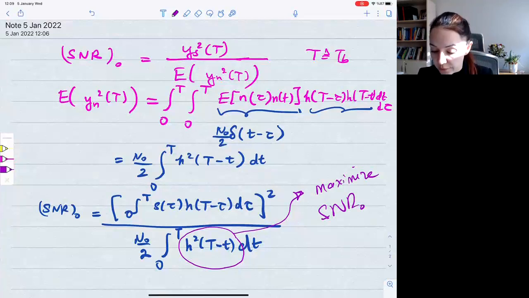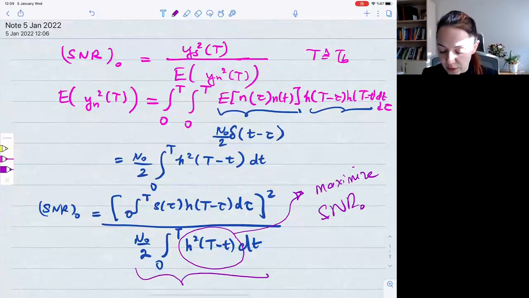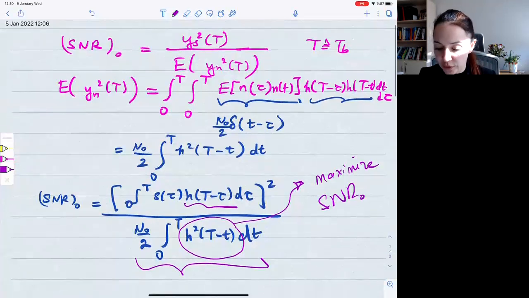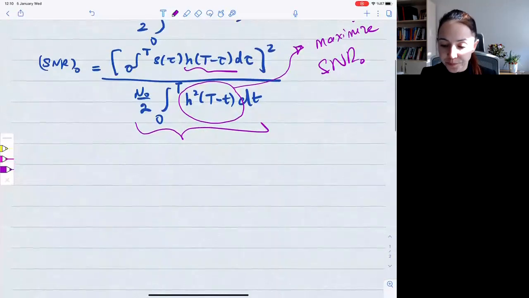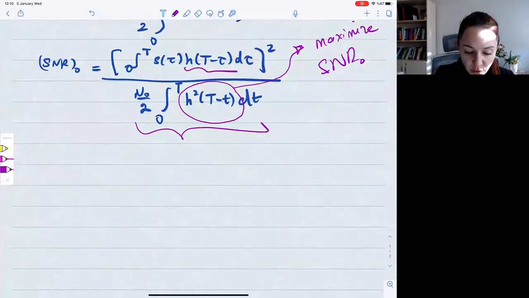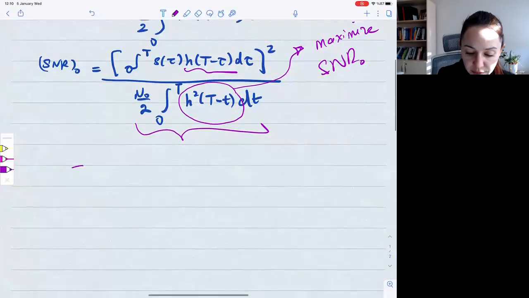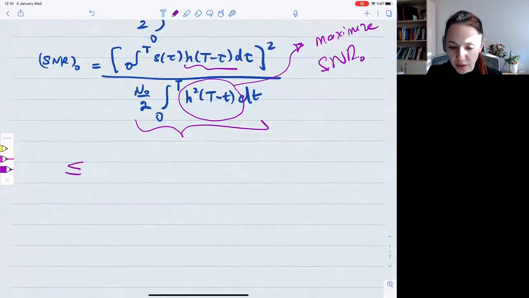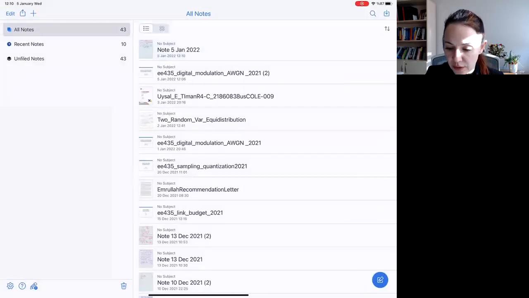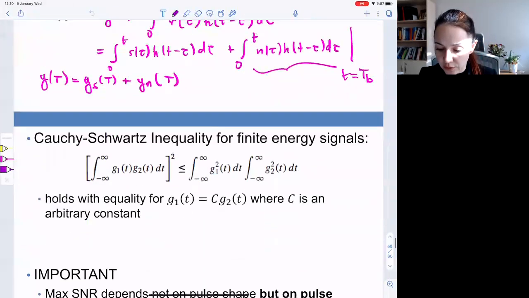Okay, so for a given h squared integrated from 0 to T, what would be the shape of the filter h that would maximize the numerator? Essentially, it is equivalent to this question. Notice that by the Cauchy-Schwarz inequality, and let me give you the Cauchy-Schwarz inequality here.